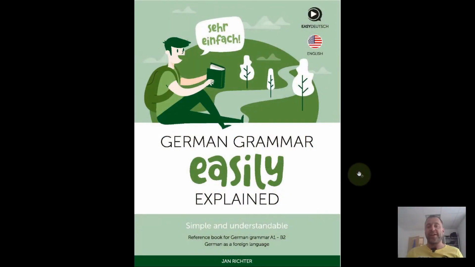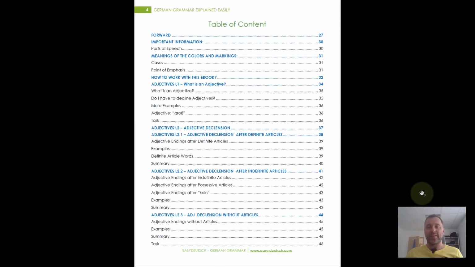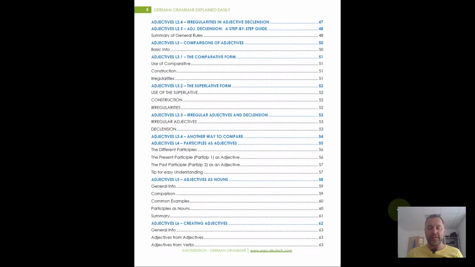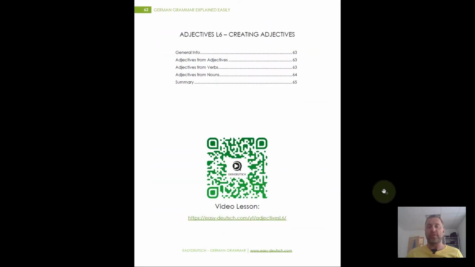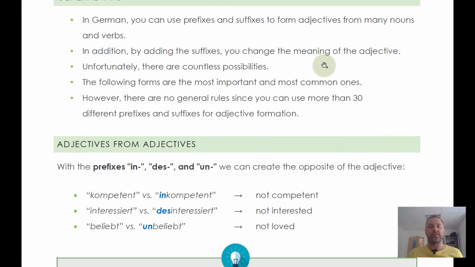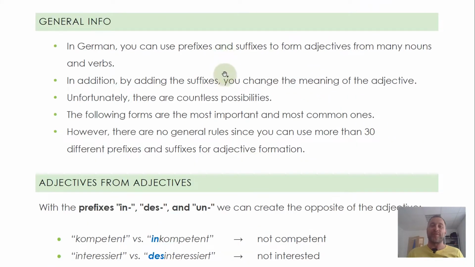So we're here now in my ebook, German Grammar Explained Easily. Today's topic is adjective creation. So how can we create adjectives in the German language? That's unfortunately quite complicated. We create adjectives in German with the use of prefixes and suffixes.